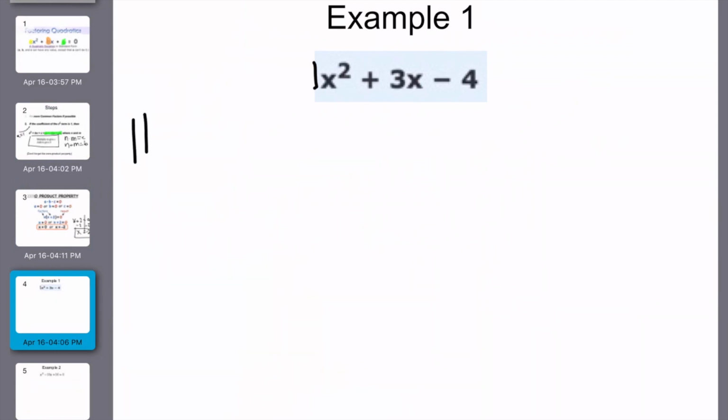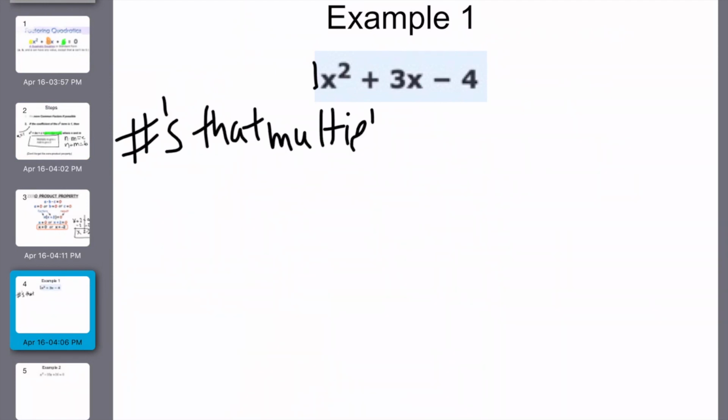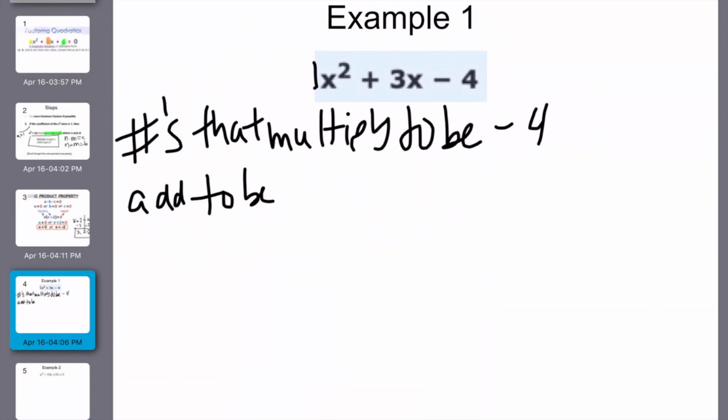So I need numbers that multiply to be negative 4 and add to be positive 3. Okay, this is really important, where I need to know the factors.